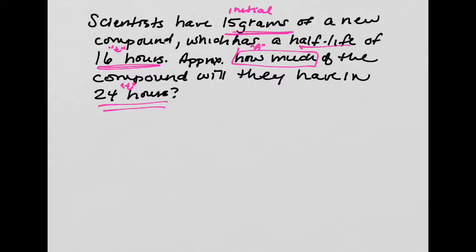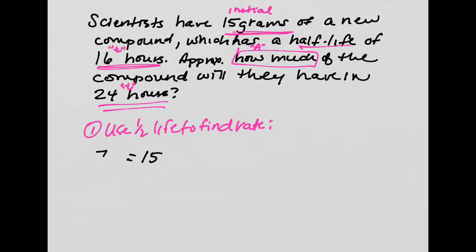Okay? Still the procedure's the same. We still don't have a rate. So we still have to use the half-life to find a rate the same way we did before. We could stick with the 15 grams that it's given us, which means that half of it is 7.5, or you could just go straight to that 1/2 if you're comfortable with it.